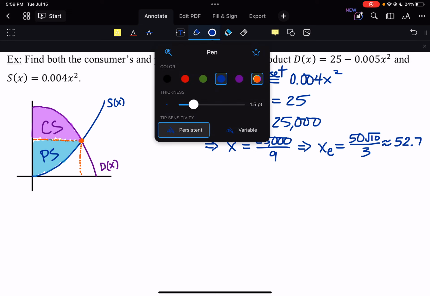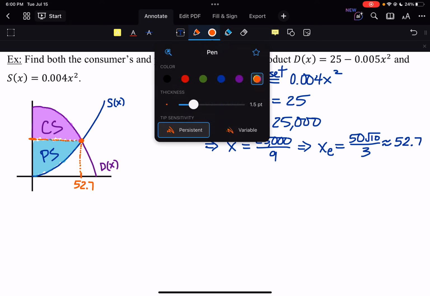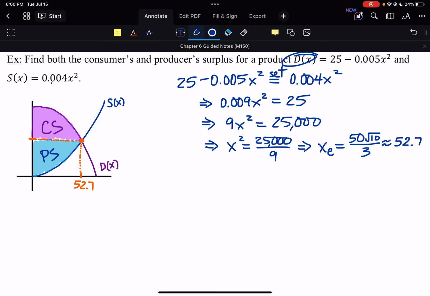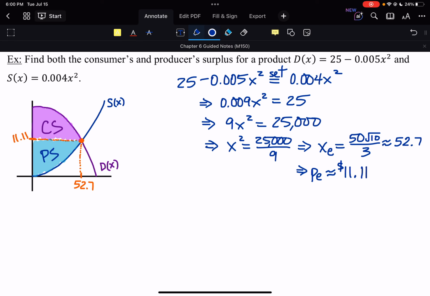So this number down here is about 52.7. To get the corresponding price, you can substitute this back into either of these equations to get the equilibrium price. That's going to be approximately 11.11 dollars. So we've got 11.11.